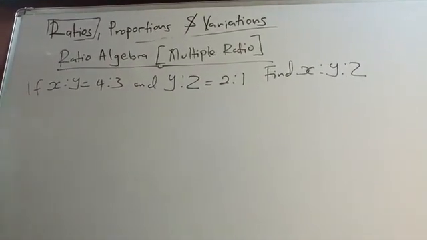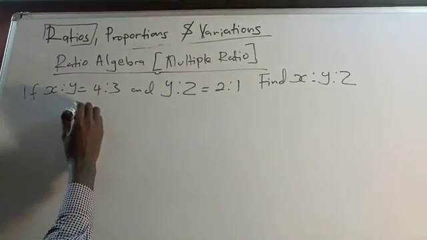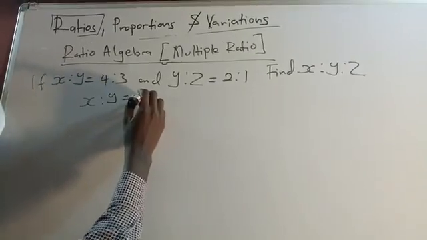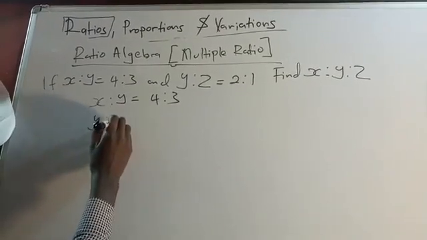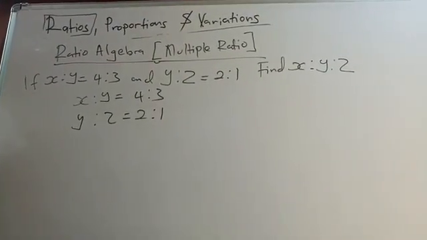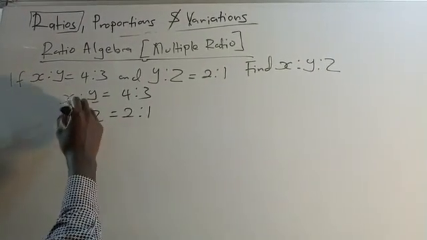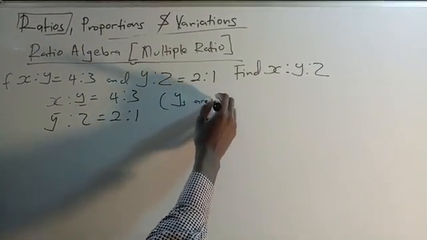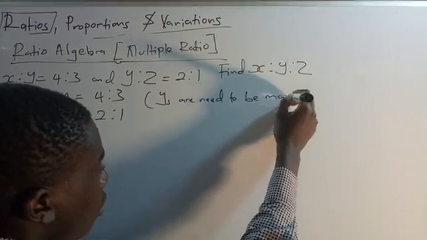So here we are going to first arrange them: x to y is equal to 4 to 3 and y to z is equal to 2 to 1. So we need to make these y's the same.